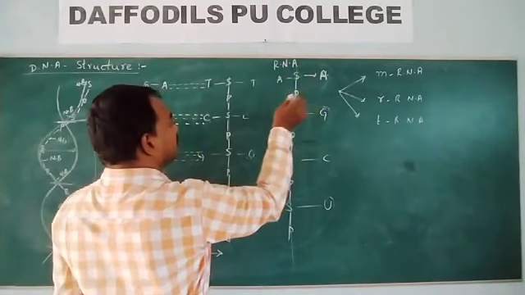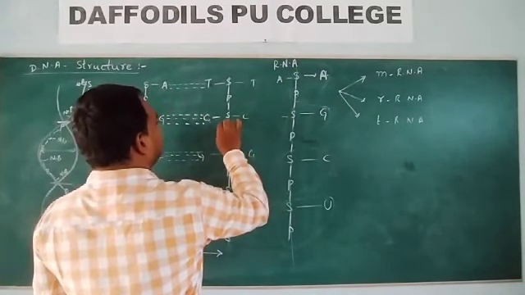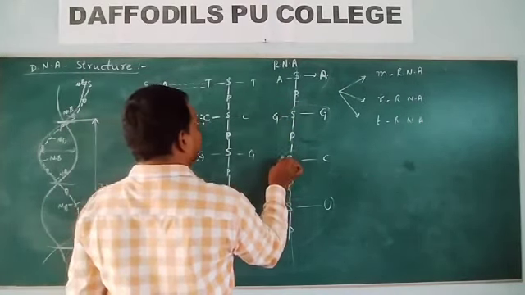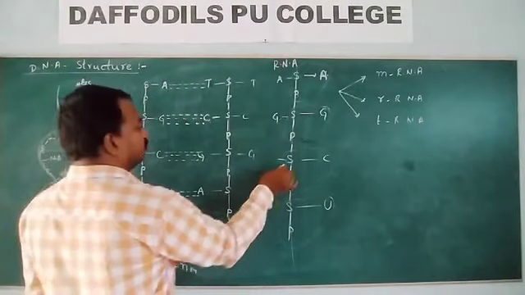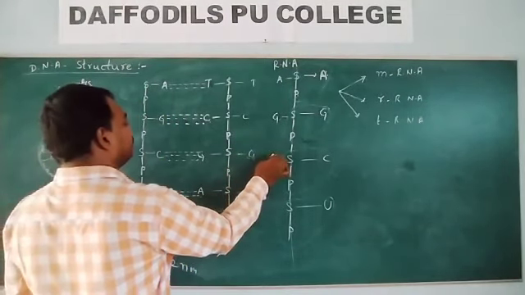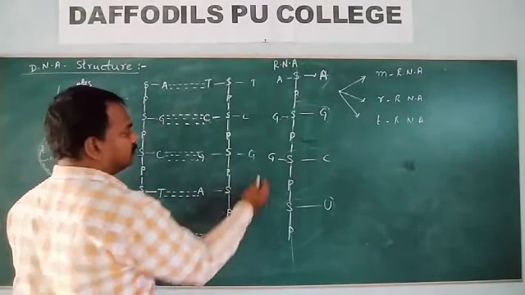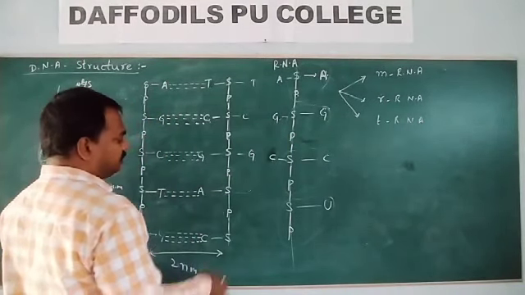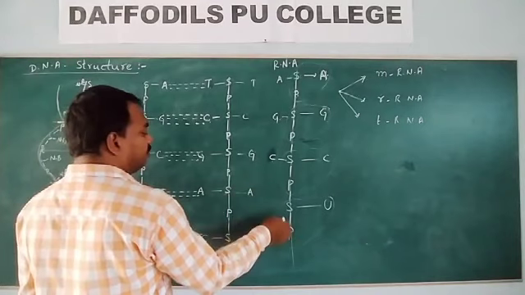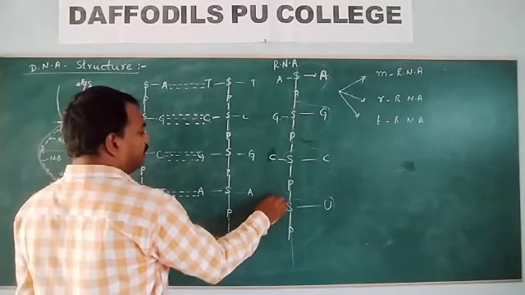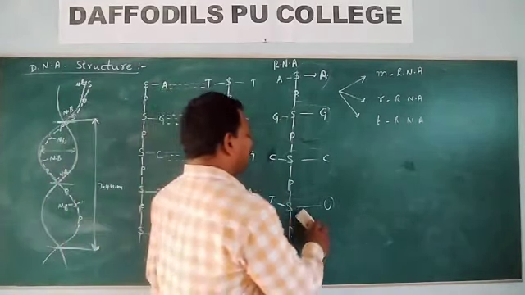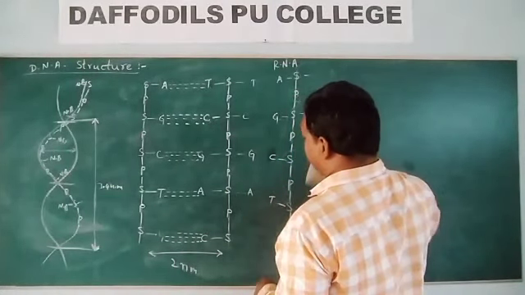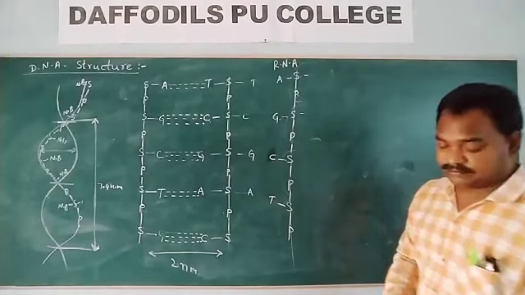A. For cytosine, what is the complementary pair? G. For guanine, what is the complementary pair? Cytosine. For adenine, what is the complementary pair? Thymine. Like this, the DNA is copied onto RNA.